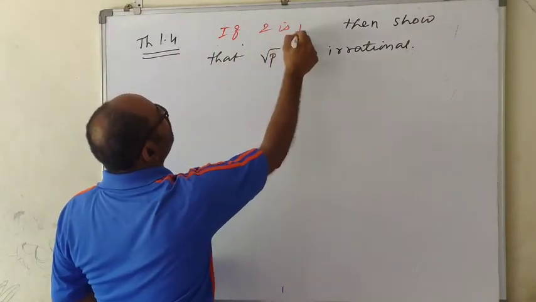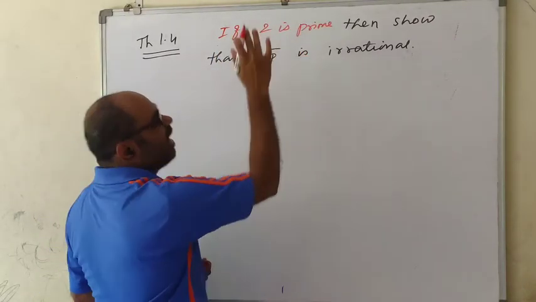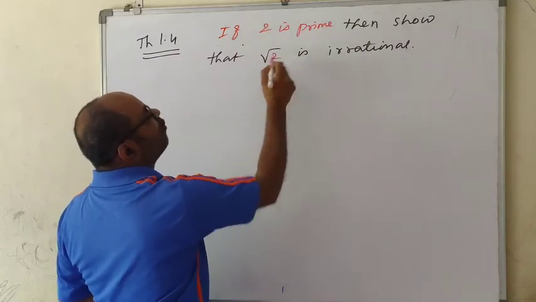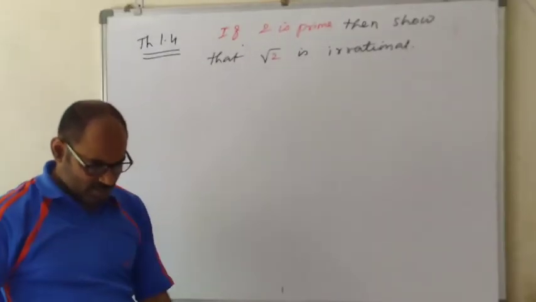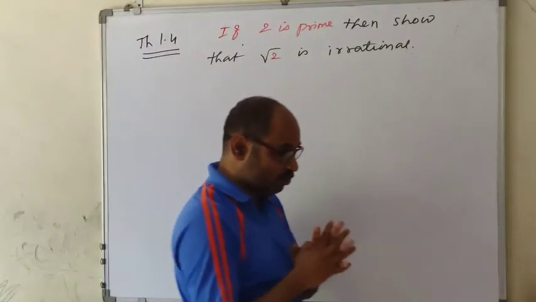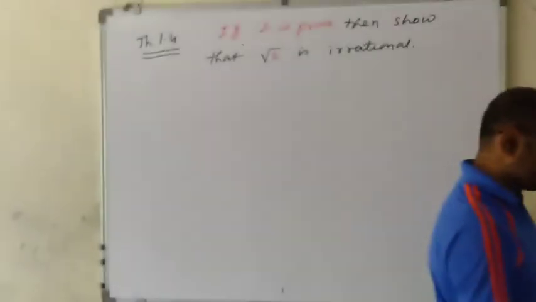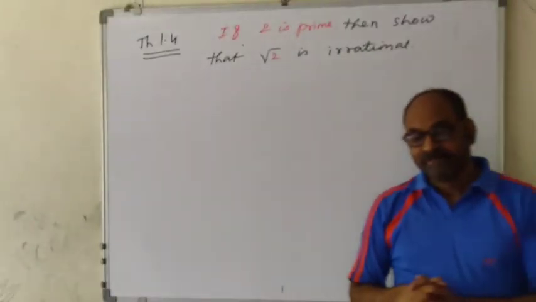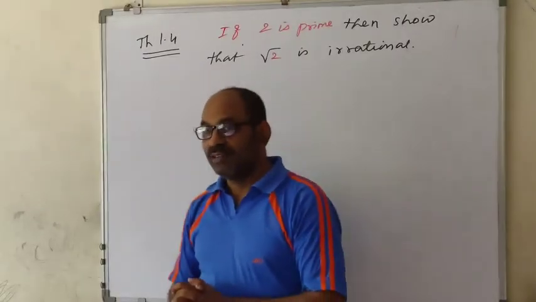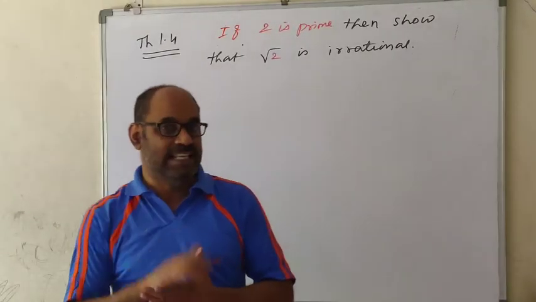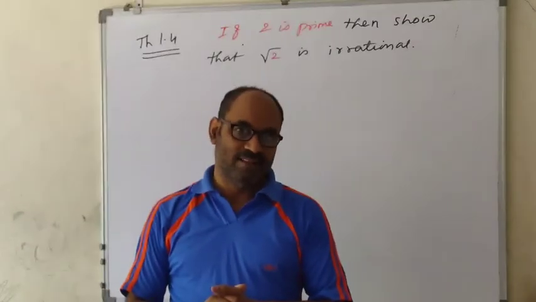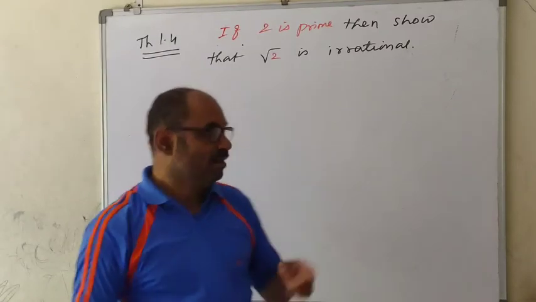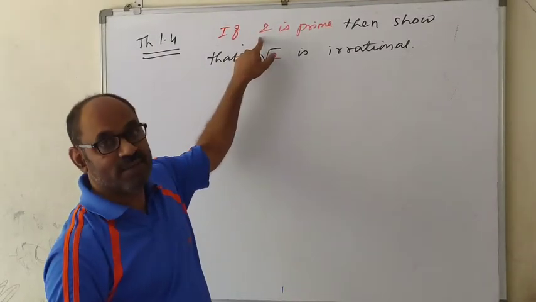If 2 is prime, there is no doubt about that, then square root of 2 is irrational. This is what we are supposed to prove. Children, how to prove that square root of 2 is irrational? There are two methods. We can start with what is given in the data.